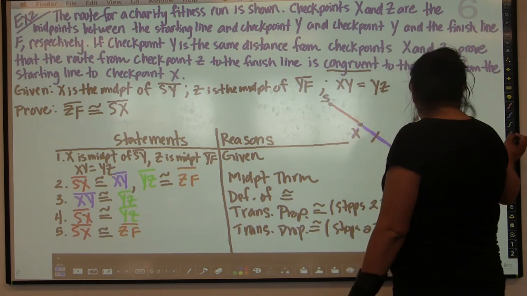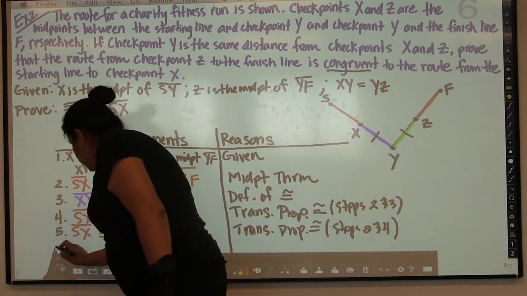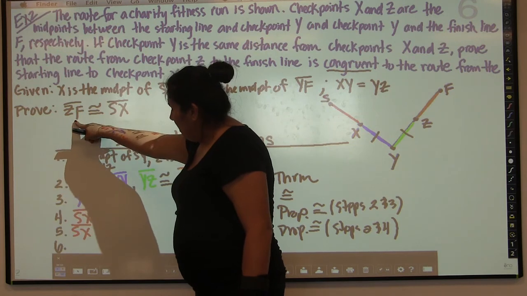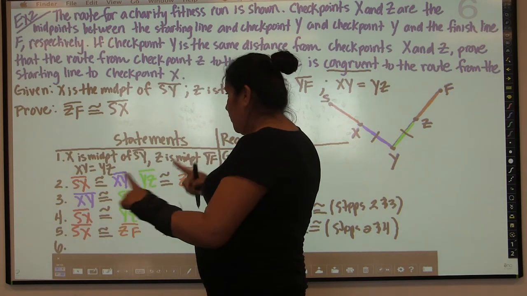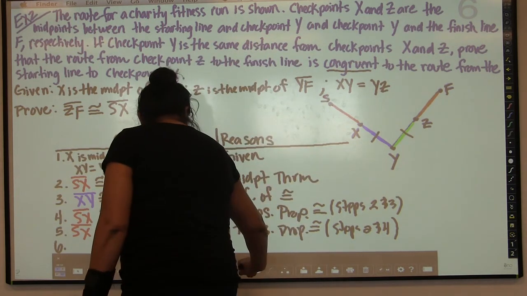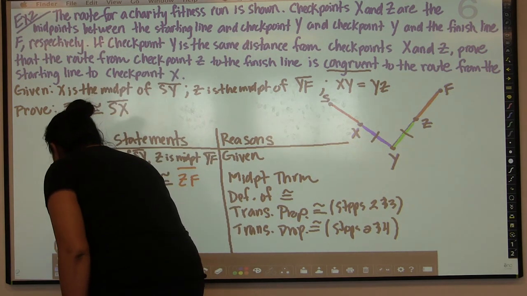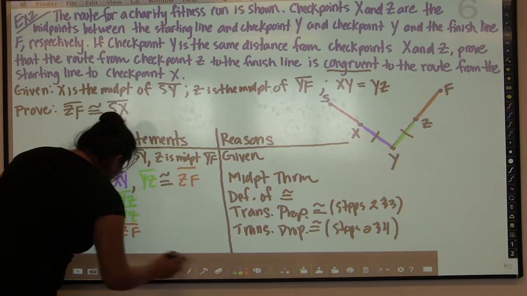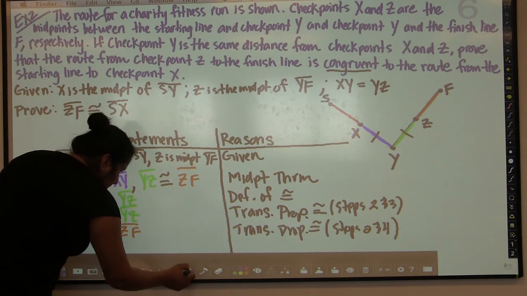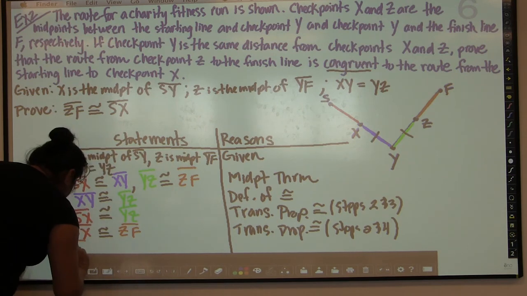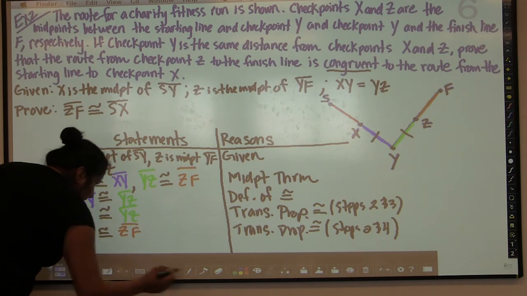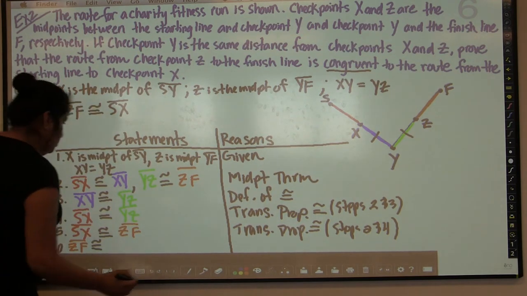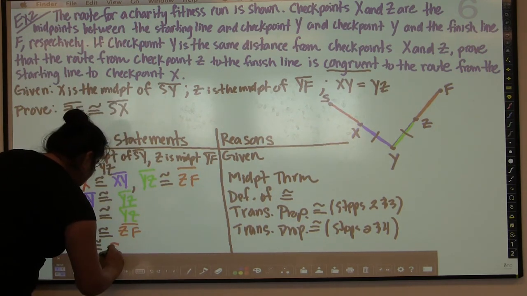Step 5 could be our last step, but it's in the wrong order. It doesn't say prove SX congruent to ZF, it's the other direction. So we're going to rewrite that and put ZF first. Let me try that again: ZF congruent to SX.